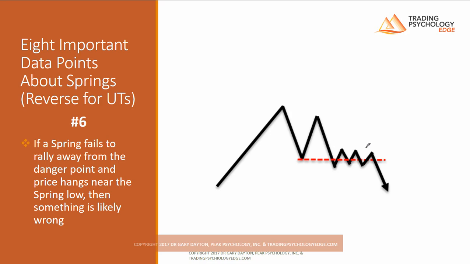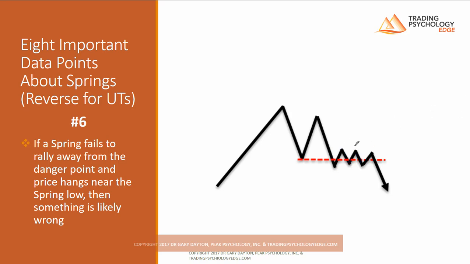Now, this will most often allow you to get out gracefully. In other words, you'll see a lot of overlapping price bars in here, a lot of back and forth, 6, 8 price bars, 5 price bars, something like that. You'll have a chance to get out at break even and not get hurt.